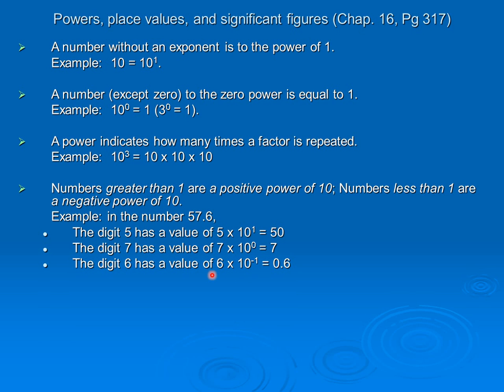So it's basically 6 divided by 10. Or you can think of it like this: for every power you move the decimal point one position to your left. So here in the 6, the decimal point is right after the 6, and since the power is 1, you move it one position to the left. Okay. If the power is -2, then you will move the decimal point 2 positions to the left, right?